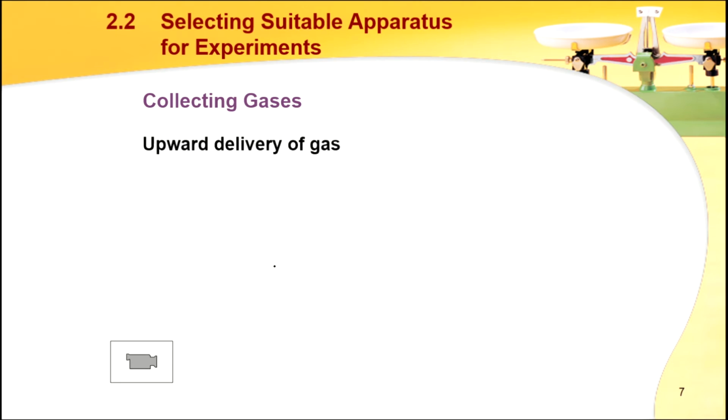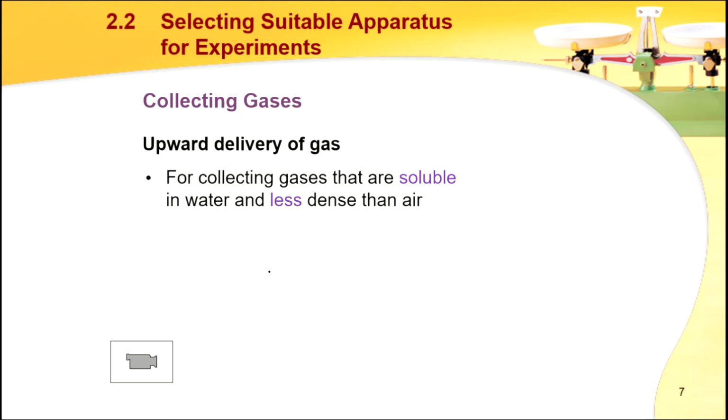And then the last method for collecting gas, known as the upward delivery of gas, is for collecting gases that are soluble in water and less dense than air. Both downward and upward delivery can be used for gases that are soluble, and upward delivery is special for gases that are less dense than air, for example ammonia.